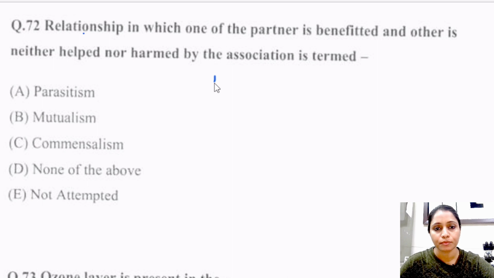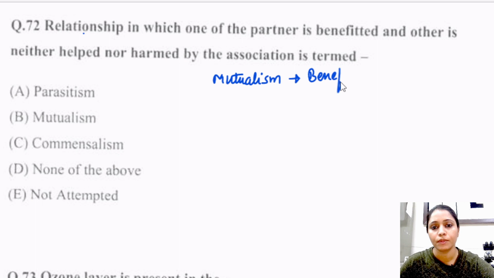First is mutualism, in which both the partners are benefited, and the most famous example of this is the lichens, which is a mutual relationship between fungi and algae.